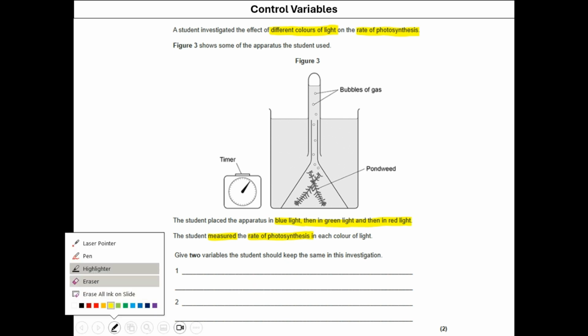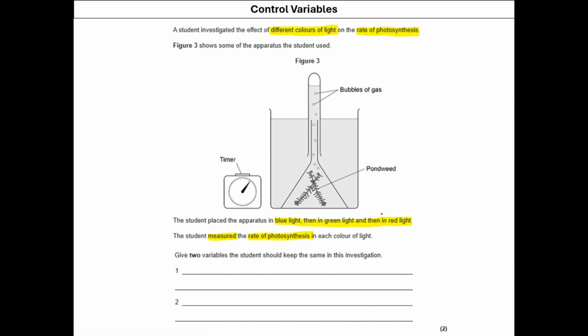So, just recapping, they are choosing to change the colour of light. They've decided what the colour of light will be. So that's their independent variable. They're going to measure the rate of photosynthesis. I don't know how, it doesn't say, but we don't care in this question, but that's our dependent variable because they're measuring it. I need what they're keeping the same, and there hasn't been a big method to tell me.